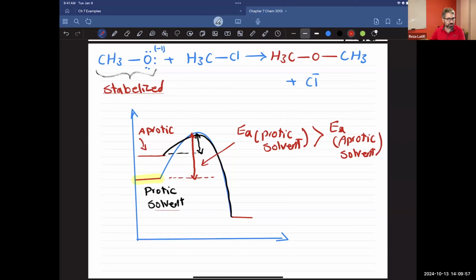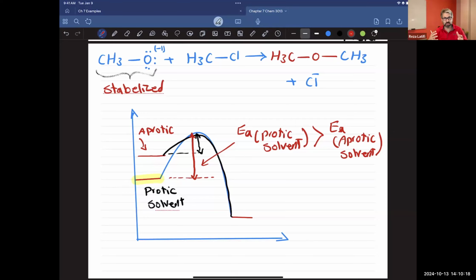And because the activation energy is less when you have, for example, DMSO, the reaction will be faster in DMSO than methanol. That's about the reactant. The nucleophile gets more stable inside the protic solvent. That means the gap between reactant and the transition state gets bigger.